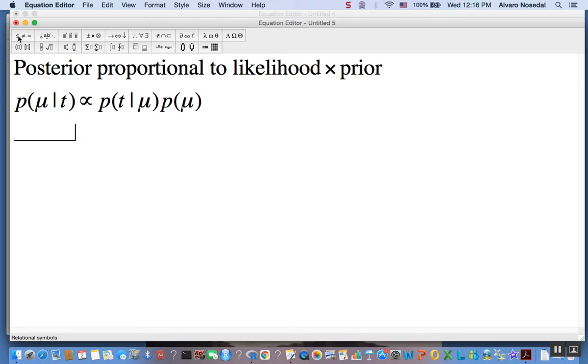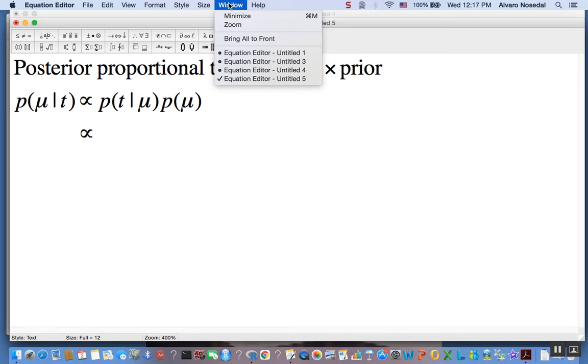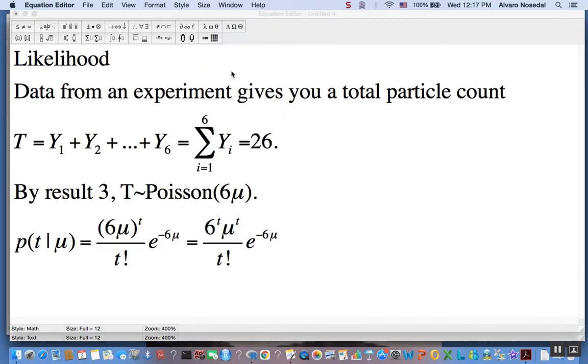So we're using a conjugate prior. We are using a gamma prior. Let me remind you what the prior looks like. But first, let's copy our likelihood. I think it's this one, the one we want.